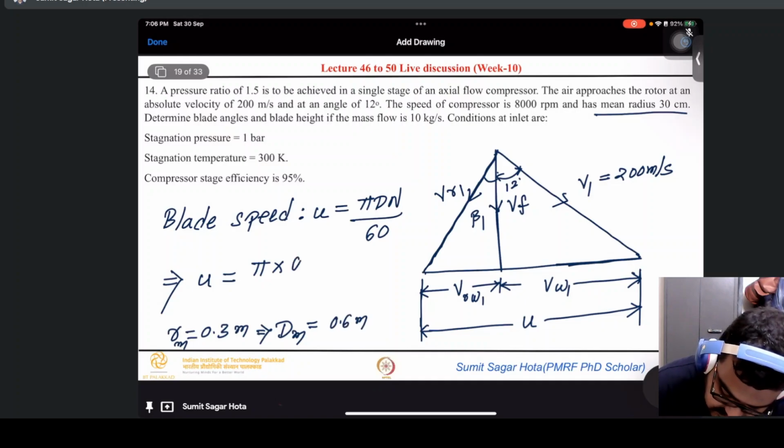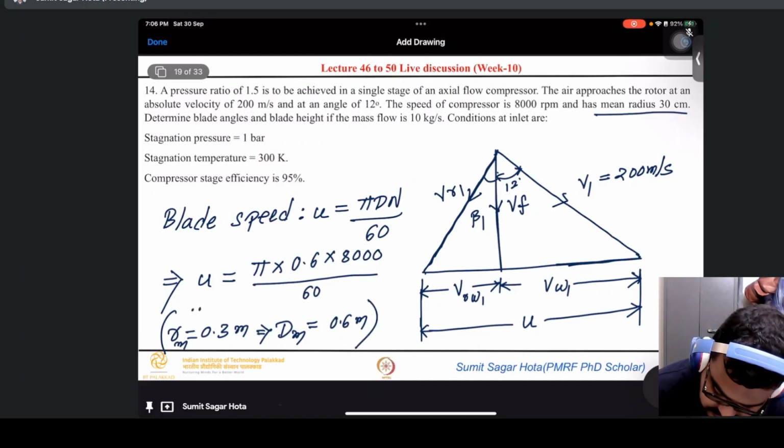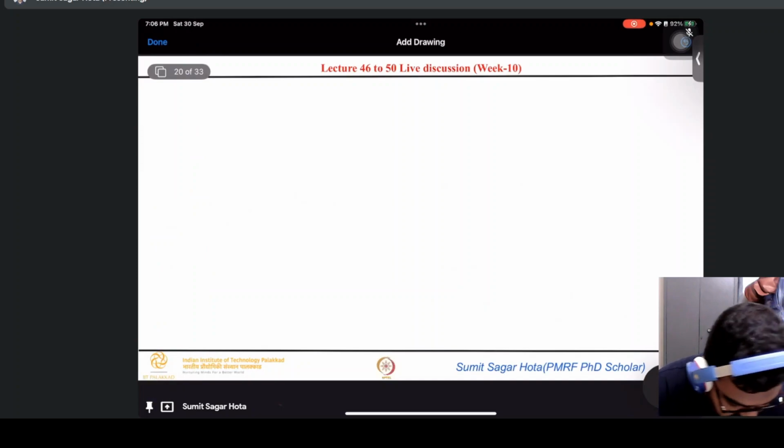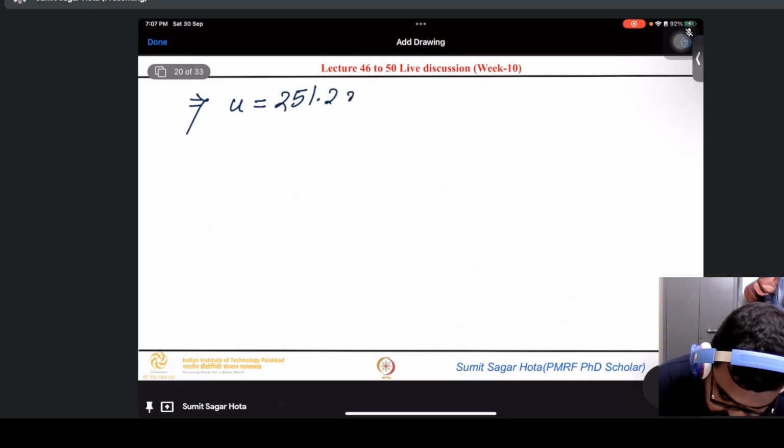And N is 8000 rpm, divided by 60. So now you get your U as 251.2 meters per second.